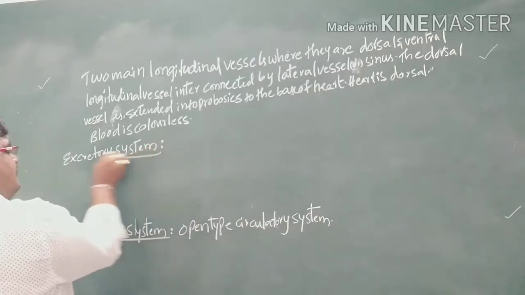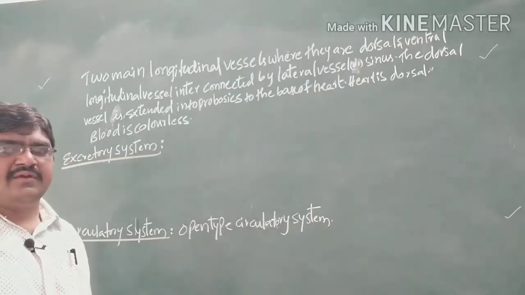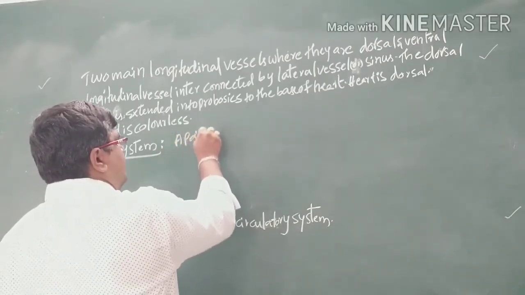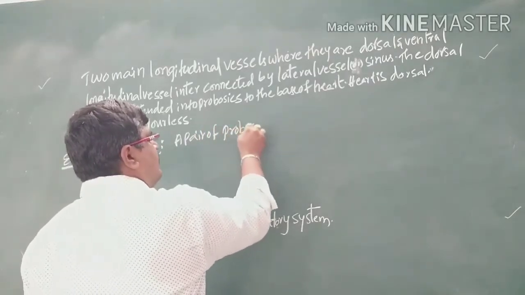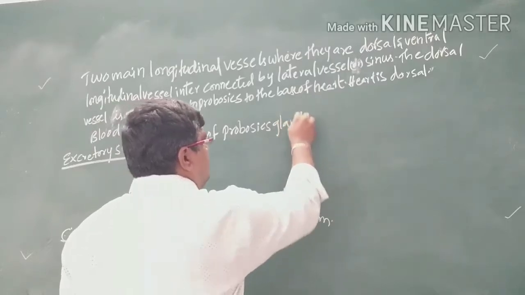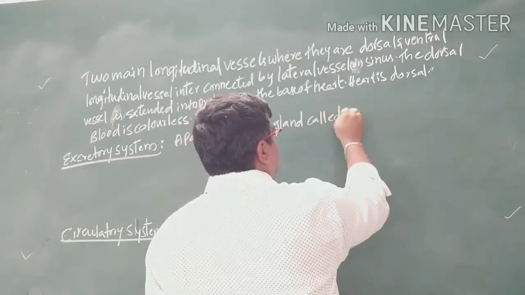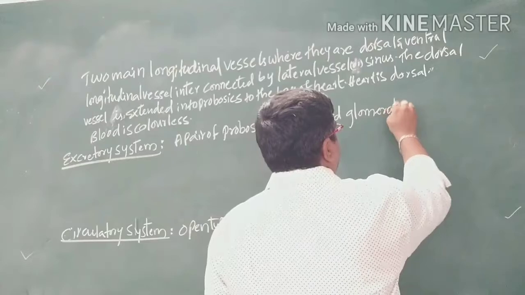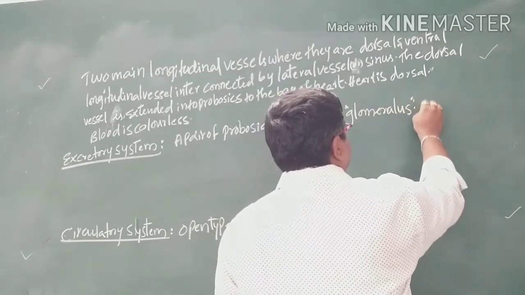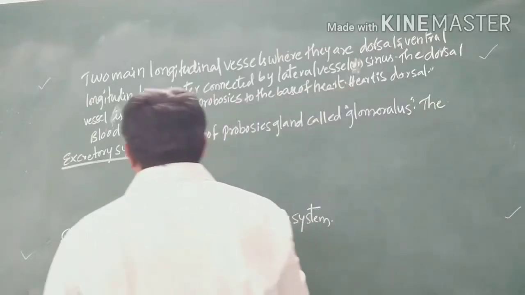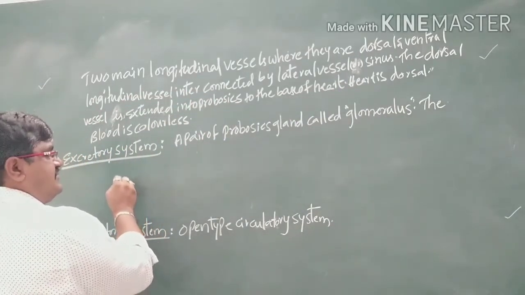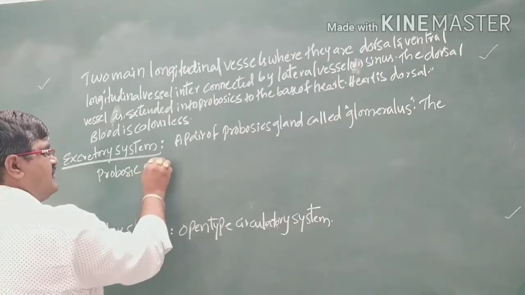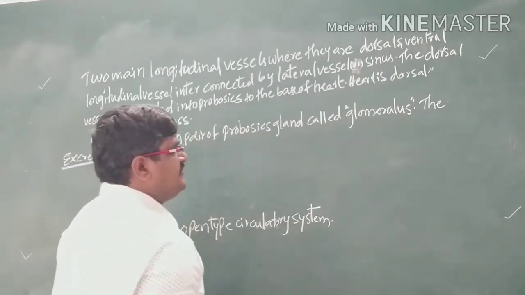Next, the excretory system. Here we have a pair of proboscis glands, called the glomerulus.